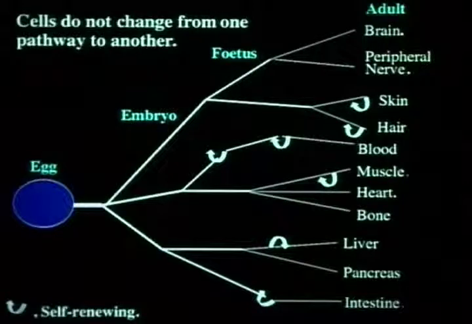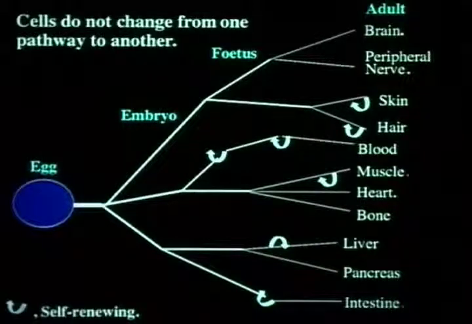It's essentially a one-way process, sometimes amplification along the way, but under normal circumstances, cells never go backwards in development. So it's a very stable process of differentiation.